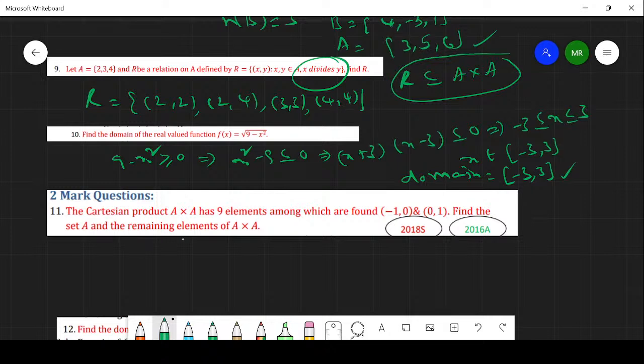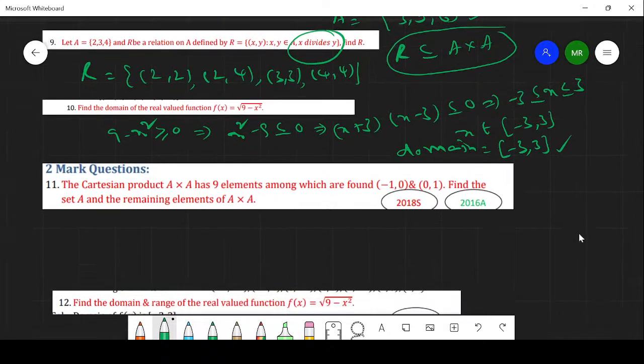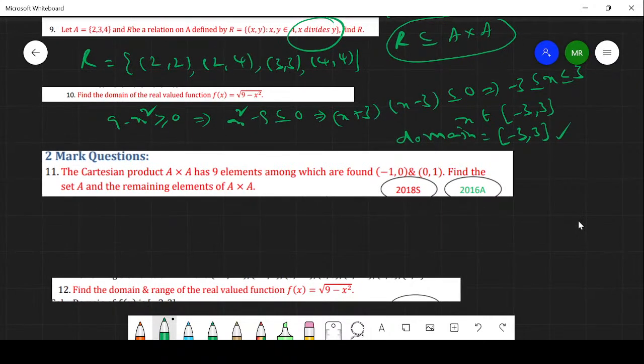Find the set A and the remaining elements of A cross A.